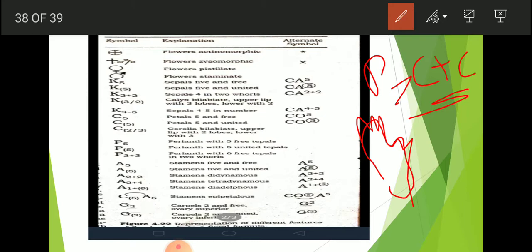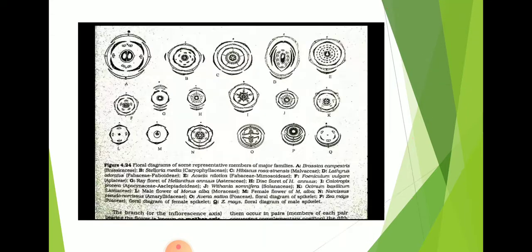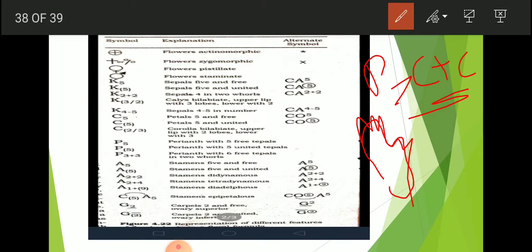If 2 plus 4 is indicated, that means there are 2 whorls, the inner has 4 stamens and the outer has only 2, so it is 2 plus 4, known as tetradynamous. Then 1 plus 9 is diadelphous.